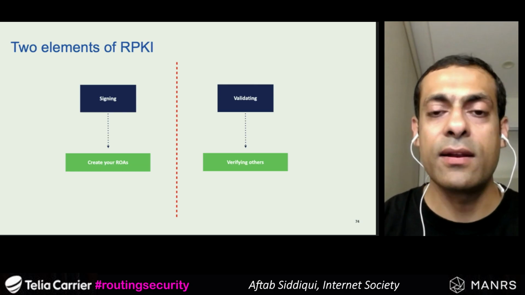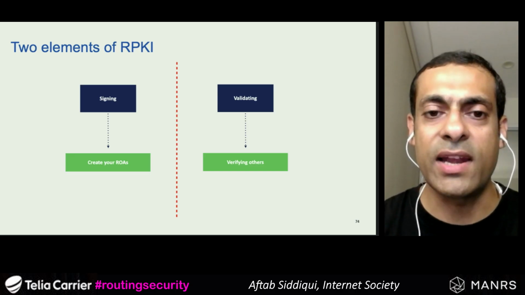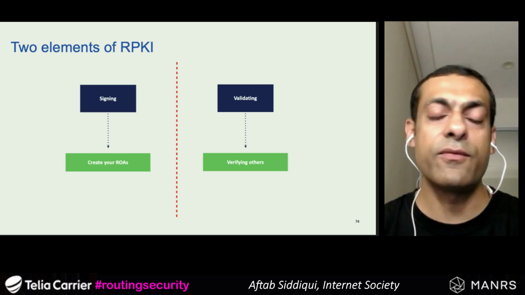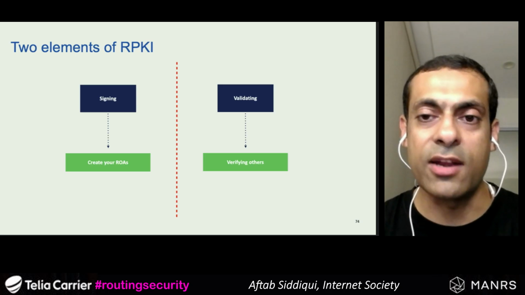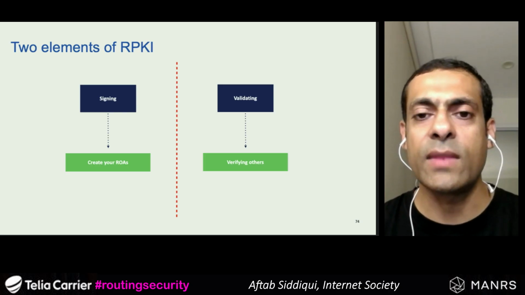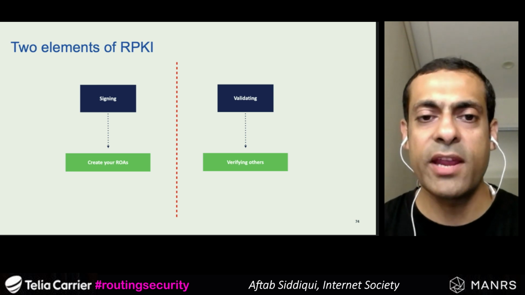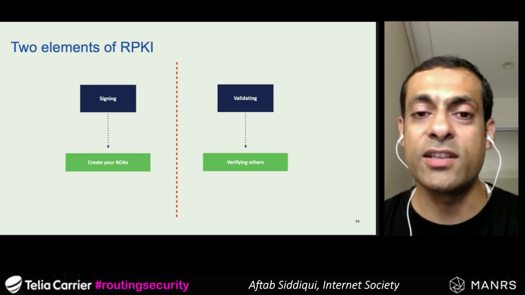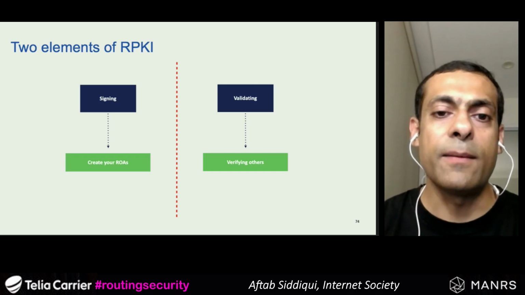I mean, Telia Carrier is one of the ISPs doing route origin validation, so they're not going to accept if you try to announce somebody else's prefix without a valid ROA. There are many examples: NTT, Hurricane Electric, Telstra. There are major players who are doing route origin validation. If you have an invalid ROA, they will not accept it.